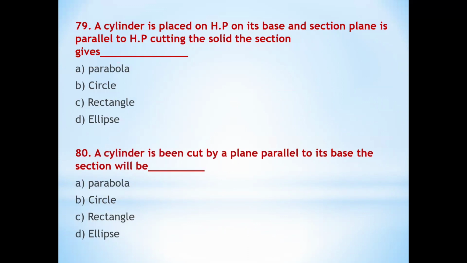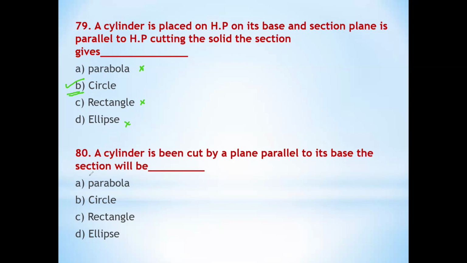If the section plane is parallel to the HP, then definitely the section will be a circle. So not parabola, option B will be correct, circle. Rectangle we get when it is parallel to the VP, not ellipse. So option B is correct.